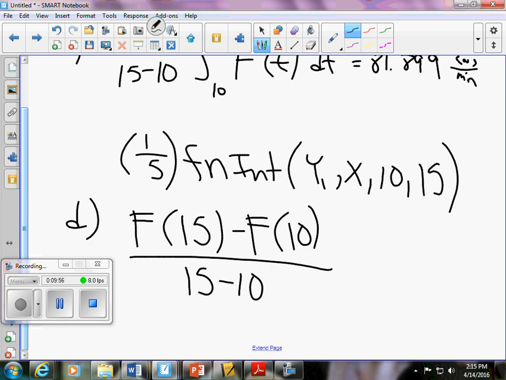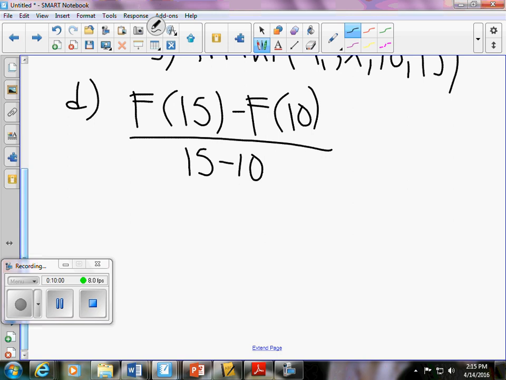Well, if you have the function f stored in y1, to do this on the calculator, on your home screen, you got to get the y bars, all that. F15. Now, if you want to do this all in one step, you're going to need to put some parentheses around the numerator. Minus y1 of 10.